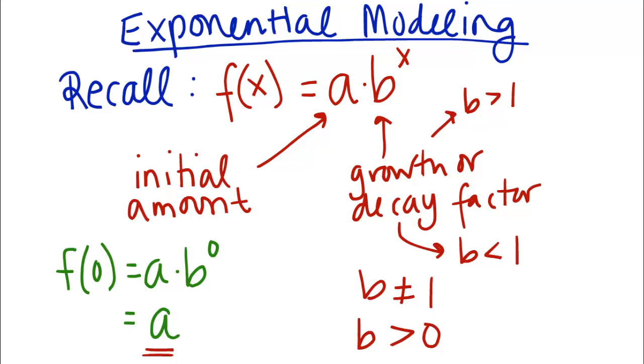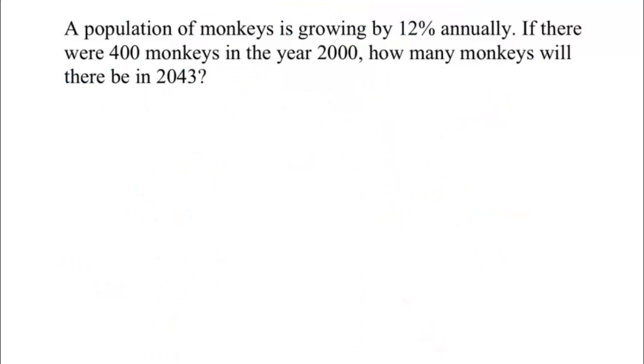So we know if b is bigger than 1, it's growth, and we can talk about certain percentage growth or certain percentage decay. And let's see if we can figure out how we model some situations. Here's our first situation. We're talking about a population of monkeys, and we know that each year, that word annually is telling us that each year the population grows by 12%.